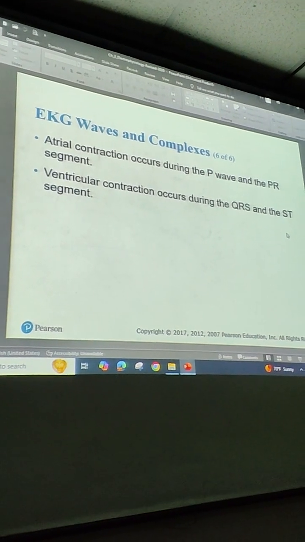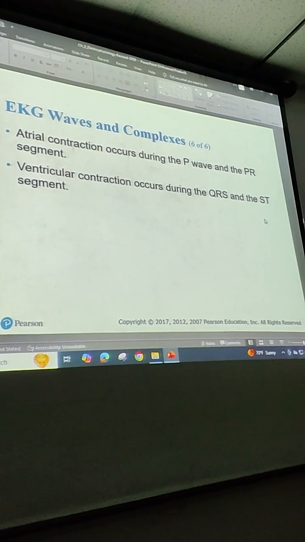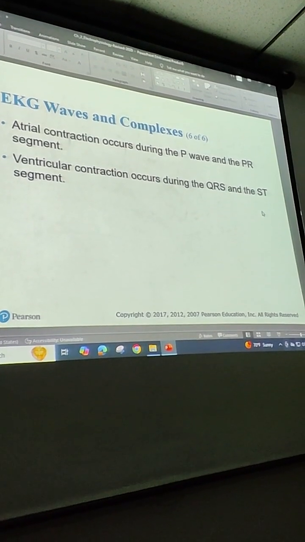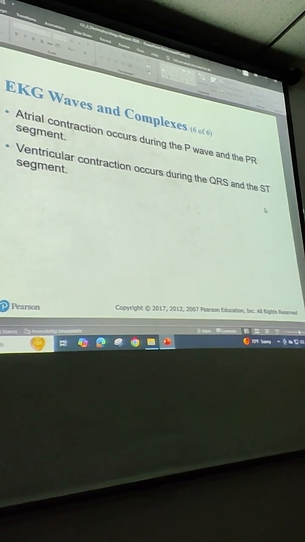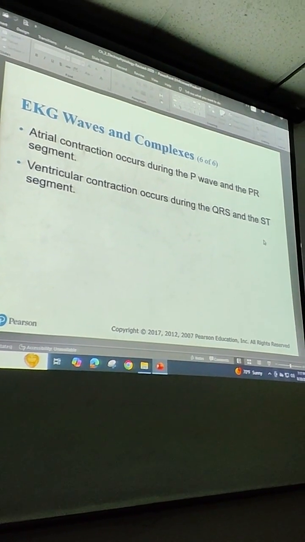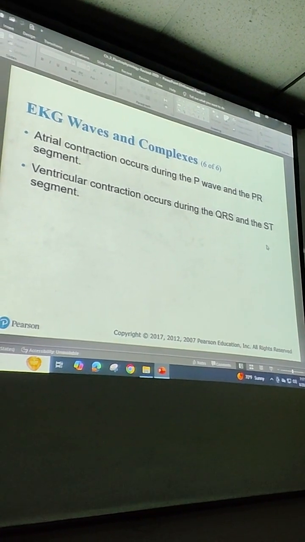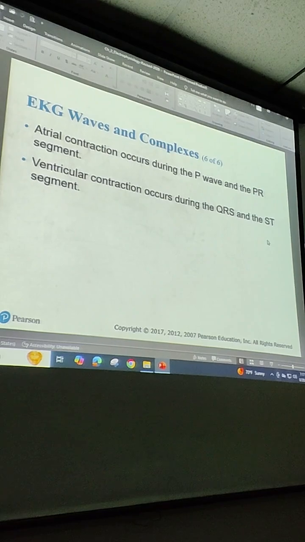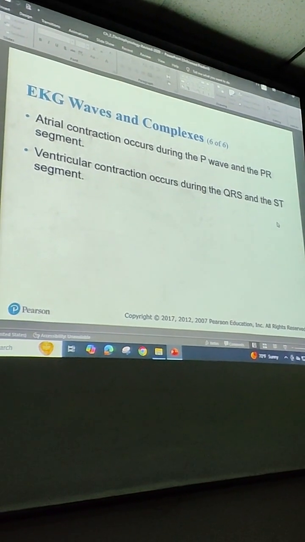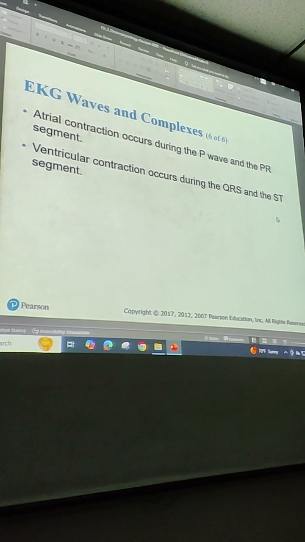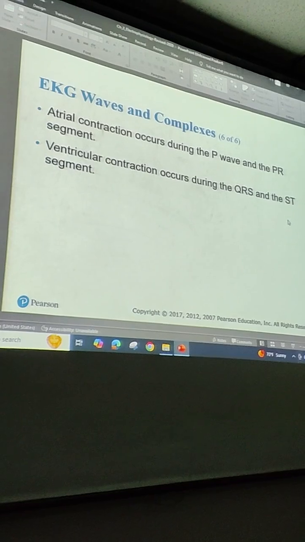Okay, so the EKG waves and complexes: atrial contraction occurs during the P wave and the PR segment. So what it's telling you is that when the atria contract, what do we see on an EKG? The P wave and the segment. Because after that, the ventricles are going to contract. And what are we going to see?